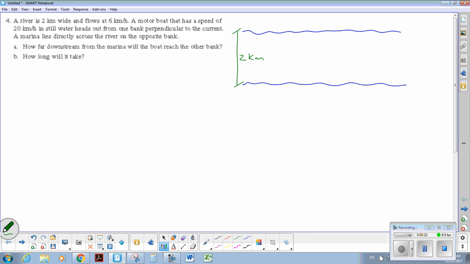So we know the velocity of the river is 6 kilometers per hour going downstream. And we know that a motorboat can go at 20 kilometers an hour, so that's the velocity of the motorboat. So I'm going to put VC for current, and the velocity of the boat is going to be perpendicular, because it says it's going perpendicular to the bank, and it's going at 20 kilometers an hour.